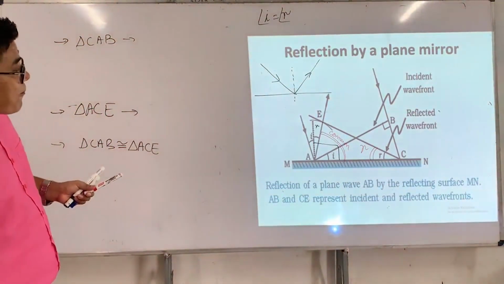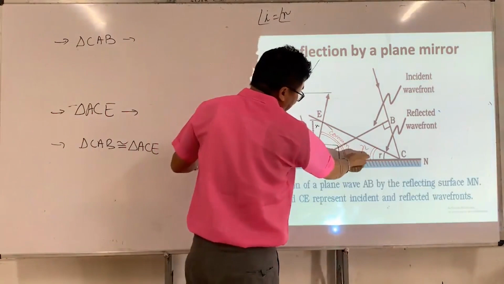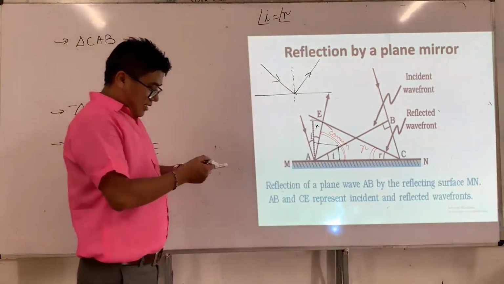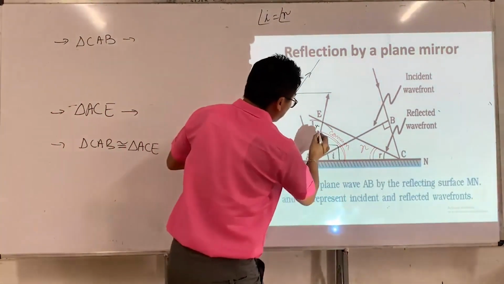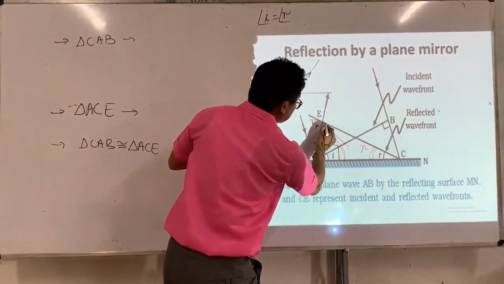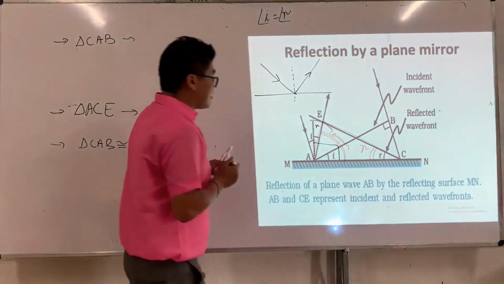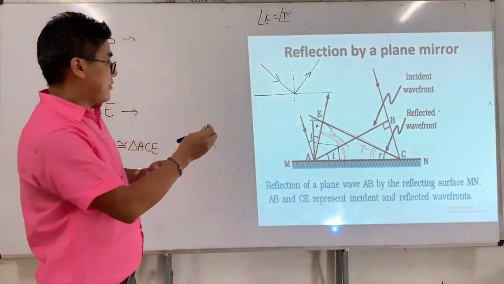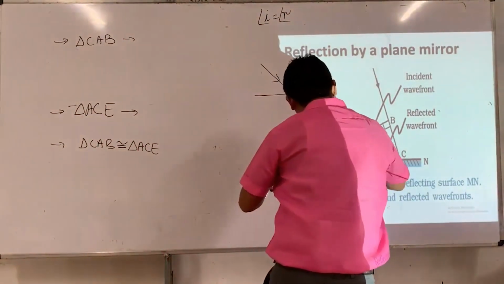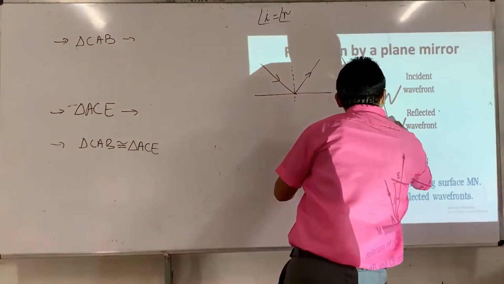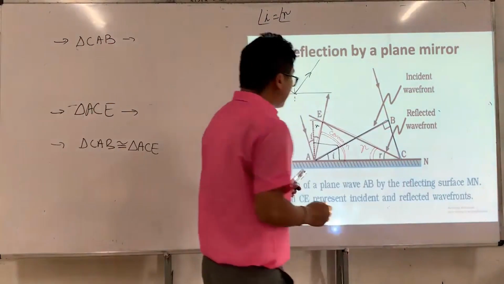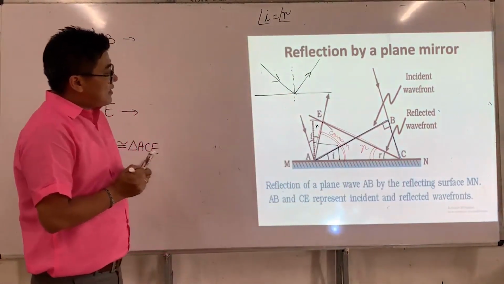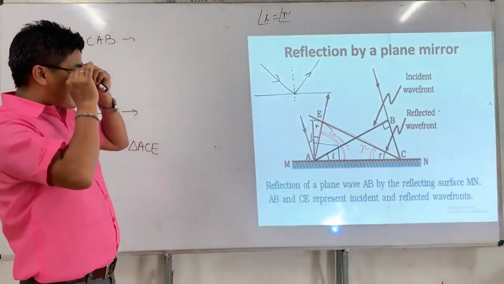To avoid confusion, I just write this is one triangle, and this is the other triangle. Now things are a little easier to understand.